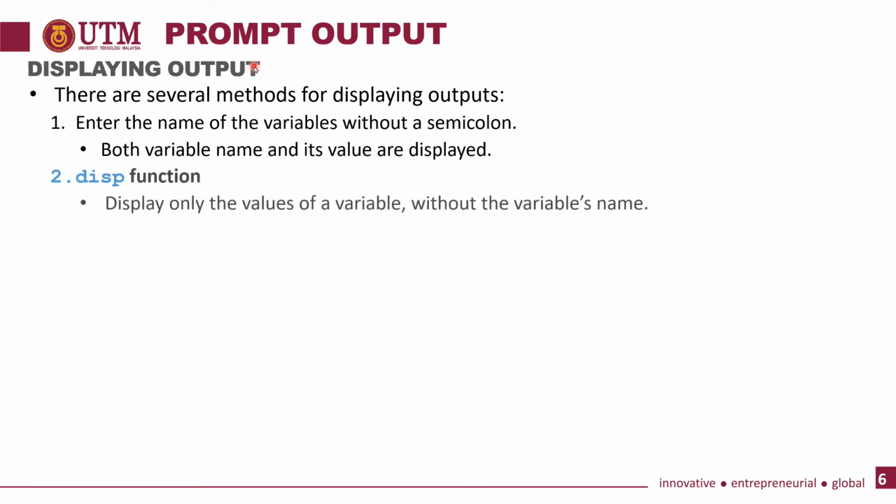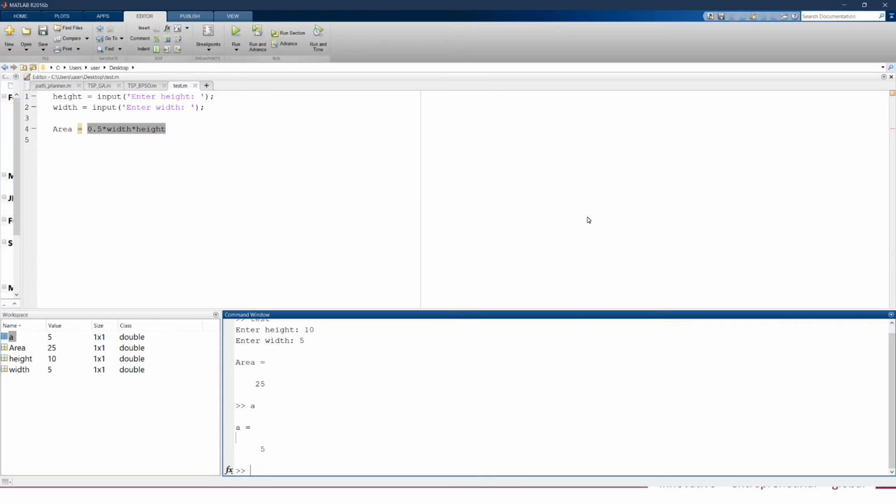The second method is by using the disp function. DISP is short for display, and it will display only the value of a variable without the variable's name. For example, in MATLAB, going back to our example, a equals 5.